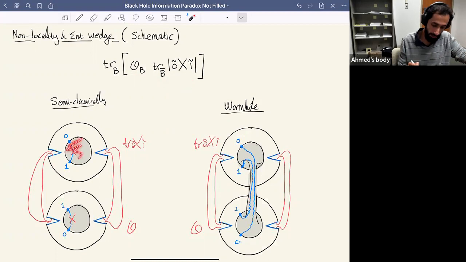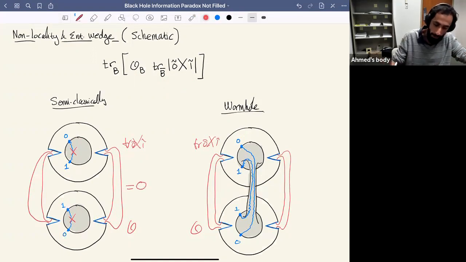So that's like this thing here and this thing there. Clearly, if these fill in by themselves, the contraction between this particle 0 and this particle 1 will give you 0, because as we declared, these are orthogonal states.